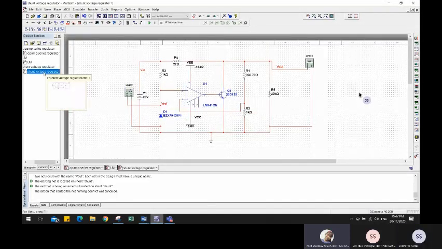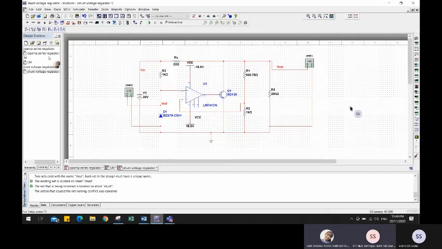So for the shunt voltage regulator, this is the circuit that we use. The difference between the shunt voltage regulator and the op-amp series regulator is that the LM741CN is inverted, the opposite of the op-amp.